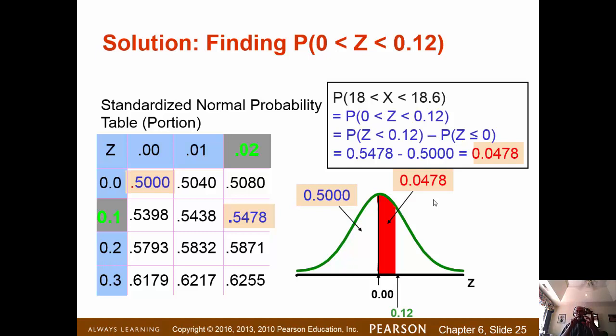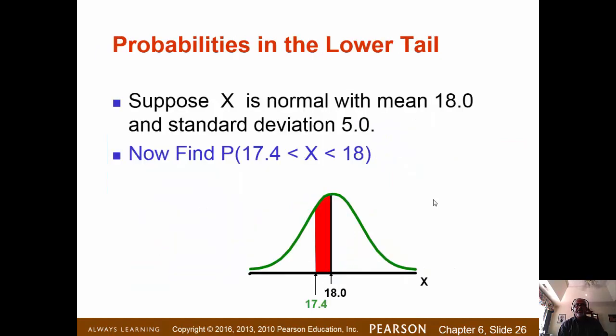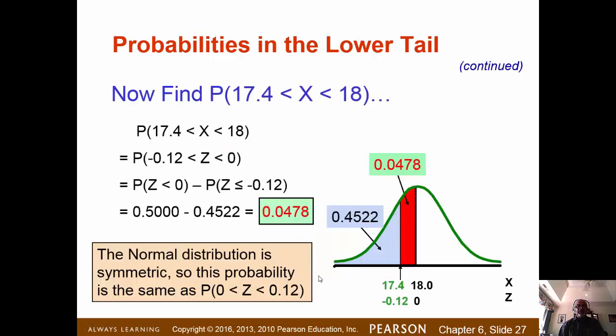So here you had to get two values from the normal table and then subtract one from the other. Every time it's a good idea to draw a normal curve and picture the area that we want, and that will make it easier to do the computation correctly. Suppose that X is normal with the mean of 18 and standard deviation 5. Suppose this is the probability we want, 17.4 to 18. 18 is the mean, so we know the area there is 0.5. For 17.4, you have to convert that to Z first, which is minus 0.12.